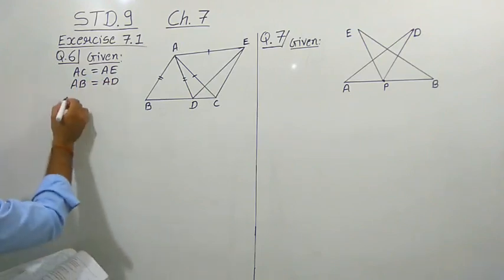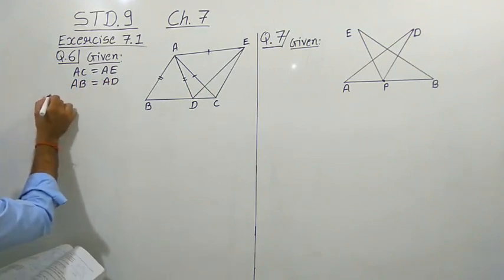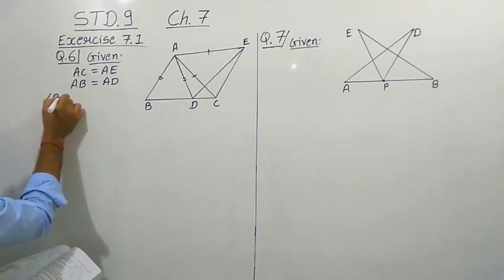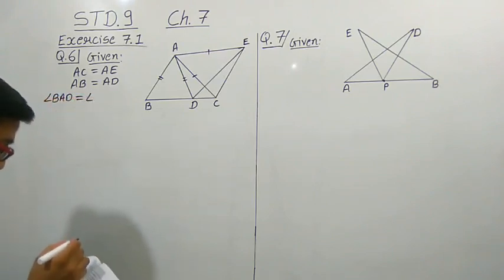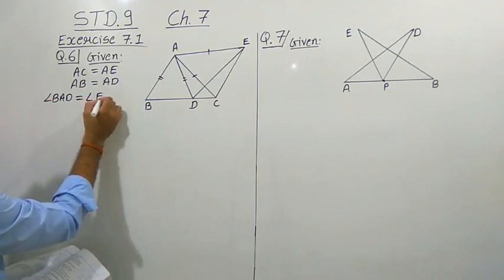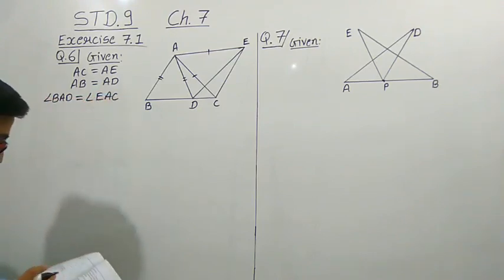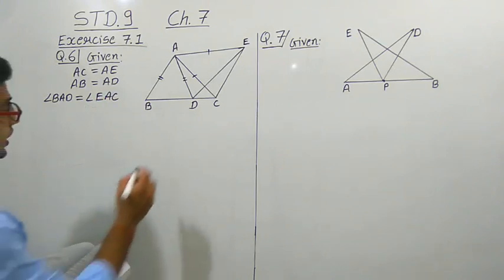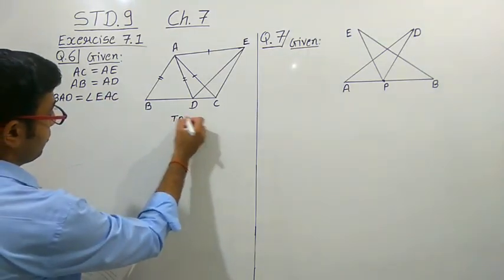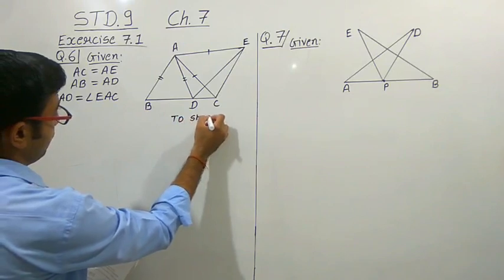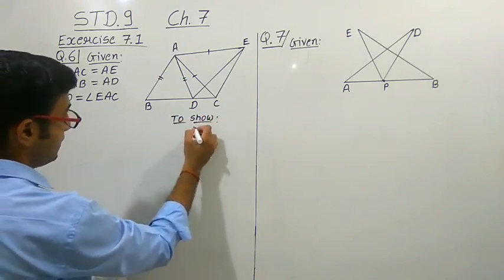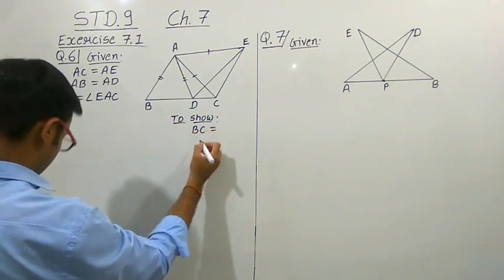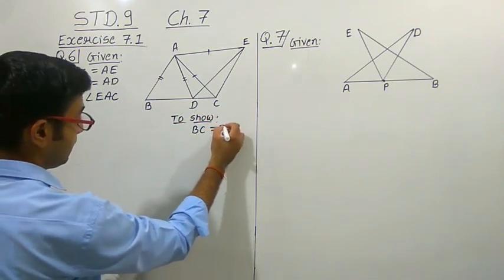And angle BAD is equal to angle EAC. These things we have given. We have to show that BC is equal to DE.